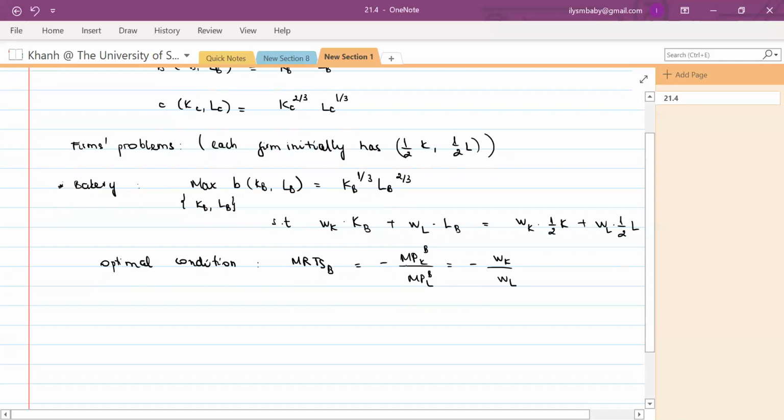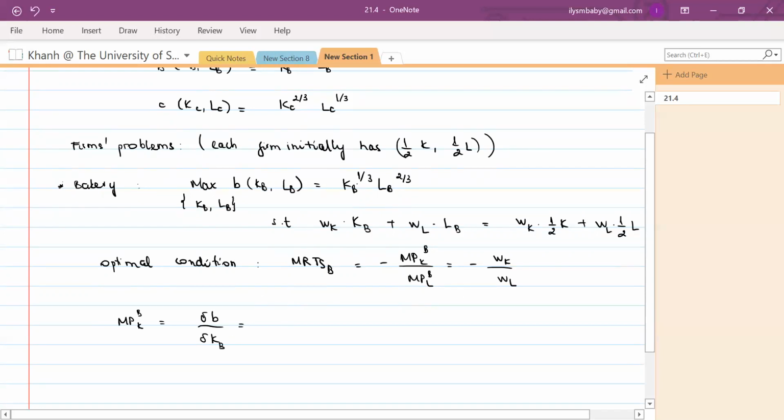All right, so what we have to do is just find the marginal product of capital and marginal product of labor. Marginal product of capital for firm B is just the differential of their production function, which is B, with respect to the amount of capital KB.